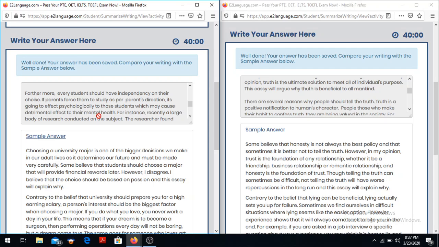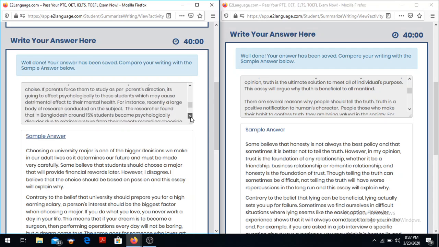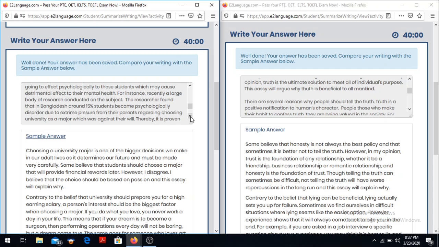For instance, recently a large body of research was conducted on this subject. The researchers found that in Bangladesh, around 15% of students become psychologically disordered due to extreme pressure from their parents regarding choosing a university major which was against their will. So basically, the fact is not true, but I just instantly made up this fact and tried to highlight it here.